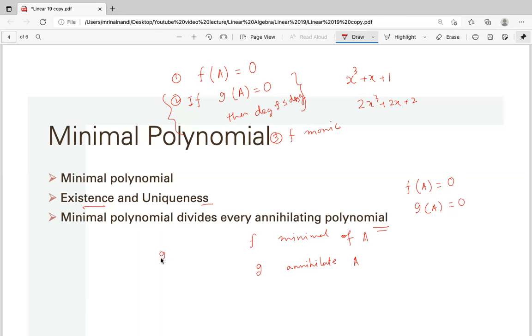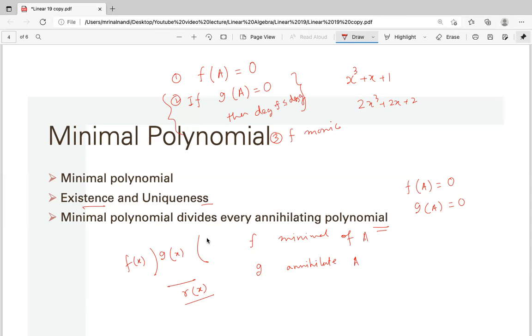Now we divide the polynomial G by F. We get a remainder, and we have to prove that the remainder is the zero polynomial.